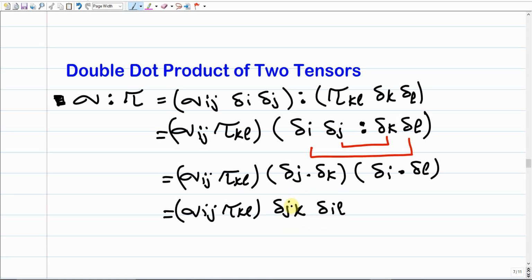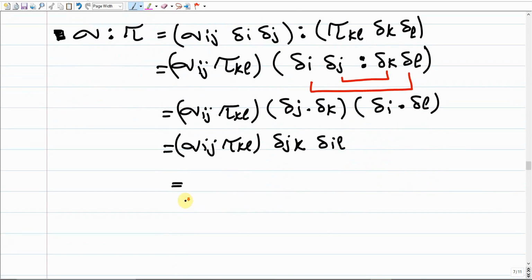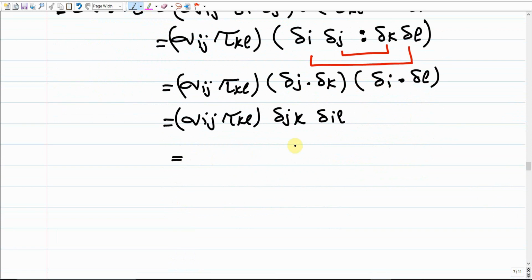So to get rid of these deltas, we have to use the same index for both j and k, and the same index for both i and l. So what does it mean? Let us assume that we use j for both j and k. So we have sigma ij tau jl, and for l I'm going to use i. You got it? I'm going to use j for both j and k, and for both i and l I'm going to use i.